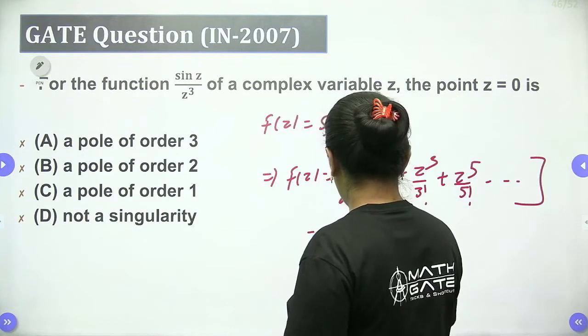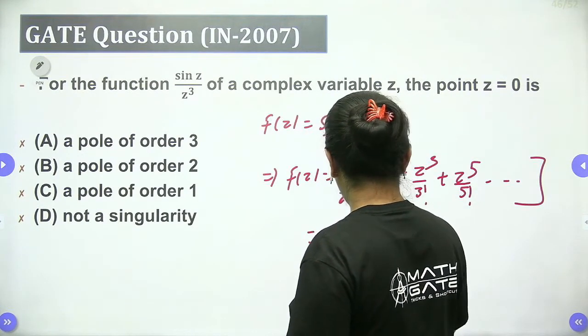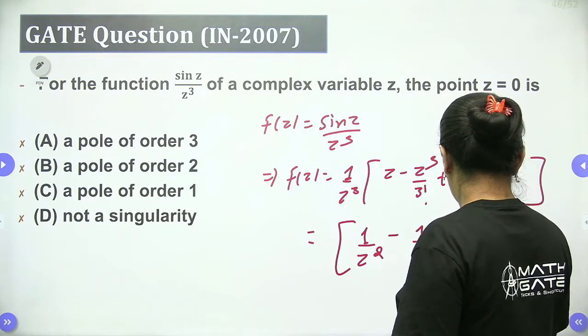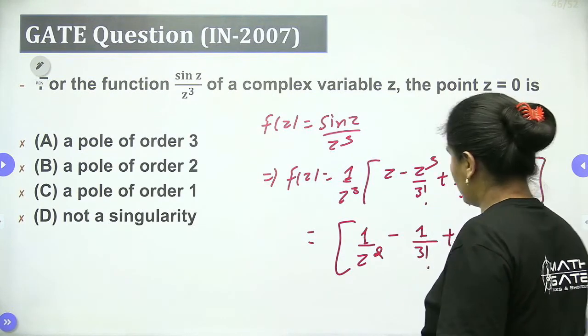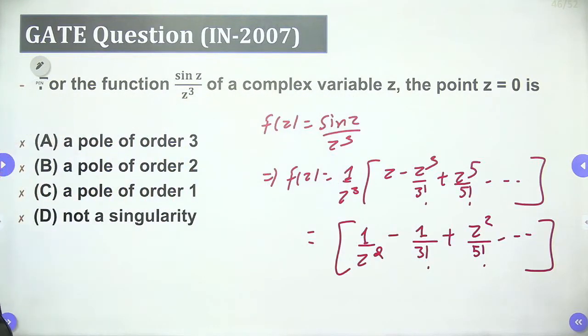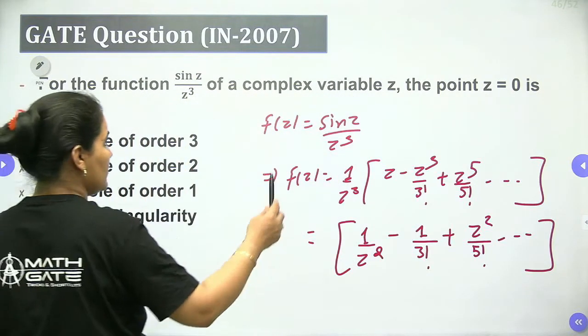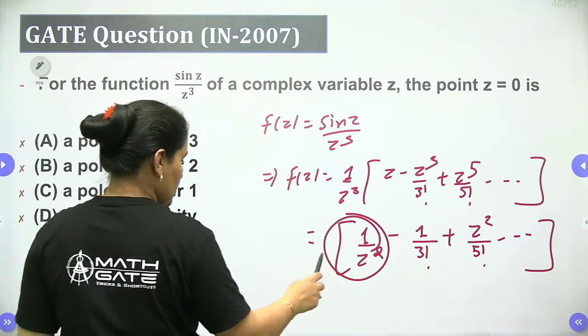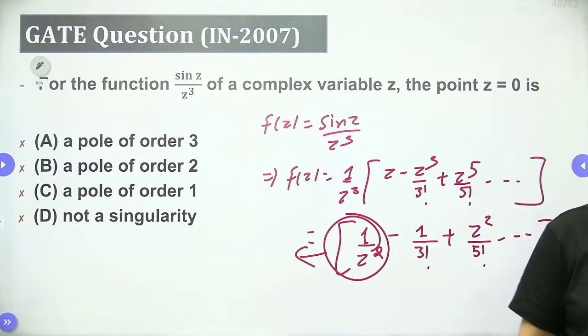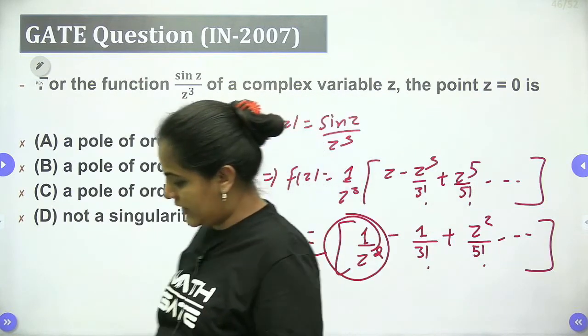So we get 1 by z square minus 1 by 3 factorial plus z square by 5 factorial, and so on. Now we have to find the order of the pole. So the order of the pole will be 2 only, dear students.